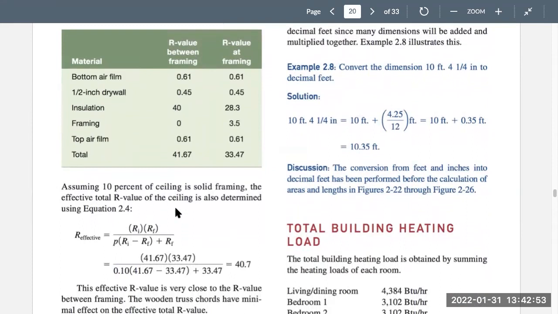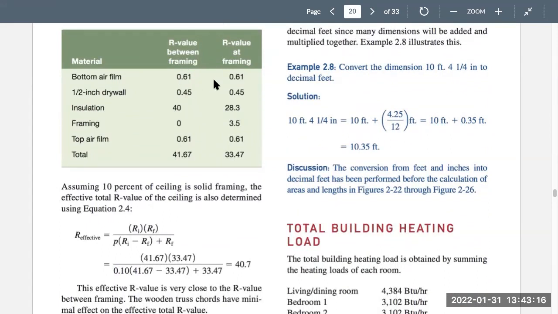But I wanted to go over how that was done and show that it's mostly just adding up the R value and the air film to those numbers. And you can see the air film doesn't add a whole lot. Talking 0.61, 0.61 here. We're talking like it's adding 1 R value to it.